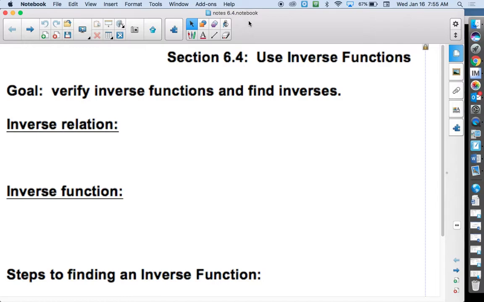And now we're going to talk about what an inverse function means. So if you have the inverse of something, like what's the inverse of addition? Holly? Subtraction. What's the inverse of multiplication? Division.